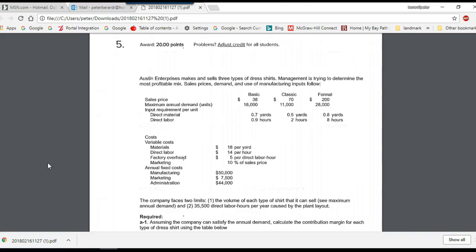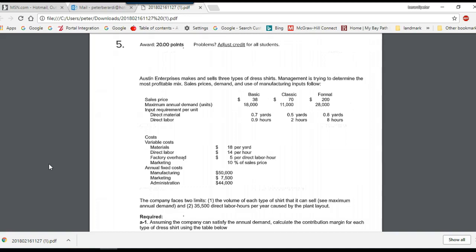Then, if there are any direct labor hours available for the second most profitable product, we allocate to that, and down to the third product, if there are any hours available to produce it. So based on this problem, we're going to figure that out.